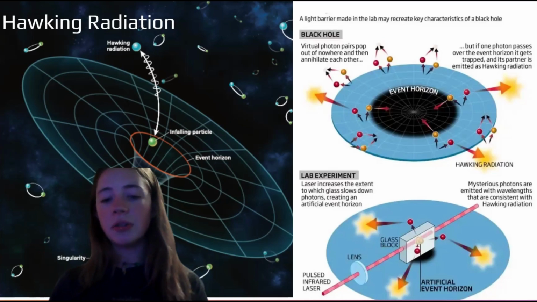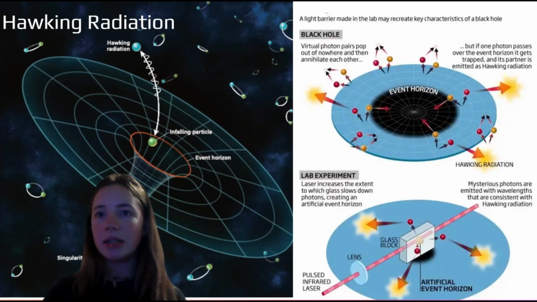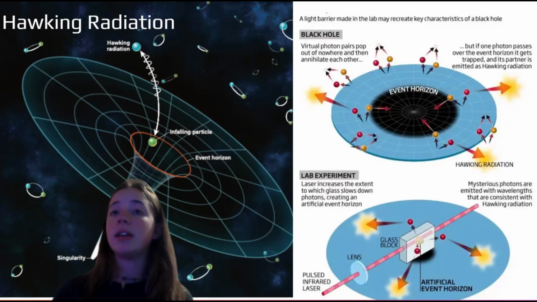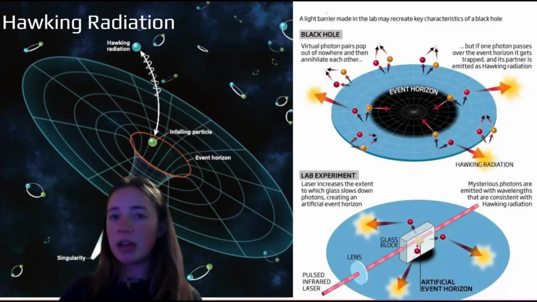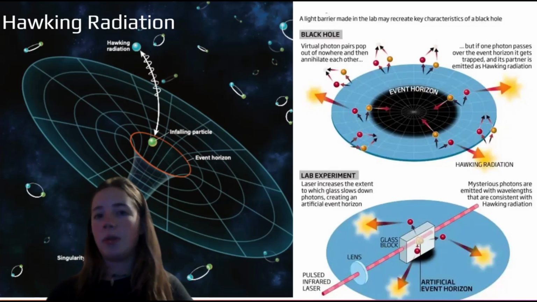And then they measured the photons being released, and all of the extra ones that they witnessed, they think is Hawking radiation. It shows the change of the particles, and this glass block mimics an event horizon.